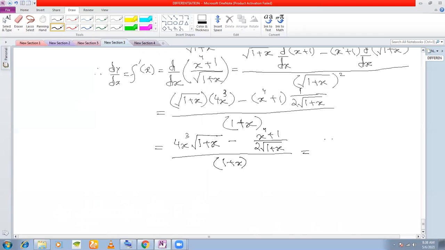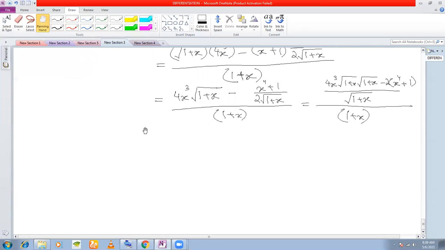Now you can take the LCM in the numerator. 1 plus x as the LCM. You'll get 4x cubed root 1 plus x into root 1 plus x minus x to the power of 4 plus 1 minus 2, twice of this, because there's a 2 also. Okay, twice of x to the power of 4 plus 1 divided by 1 plus x.